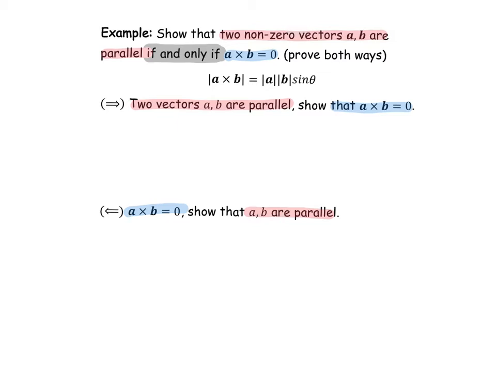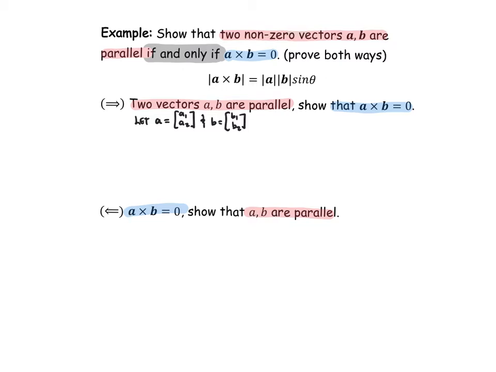Well, what I can do is let A equal the vector, let's go 2 dimensions to keep it simple, A1, A2, and B equal the vector B1, B2.